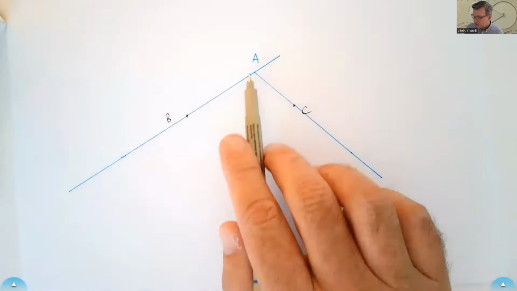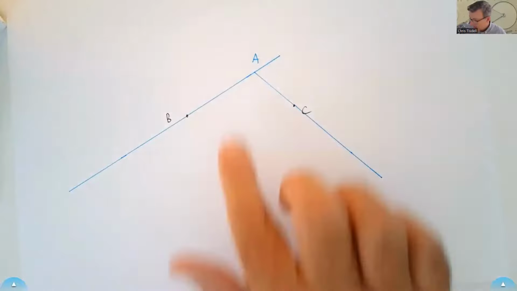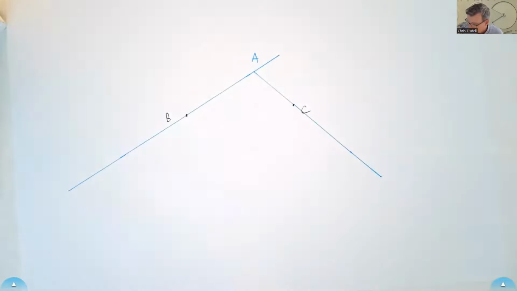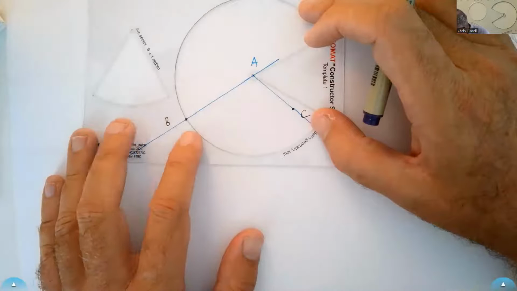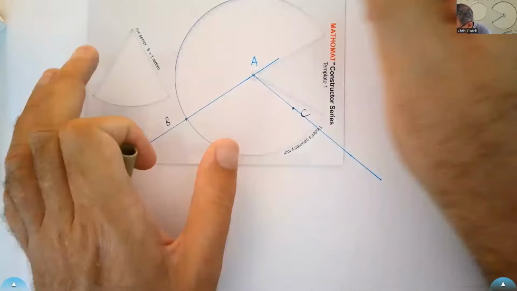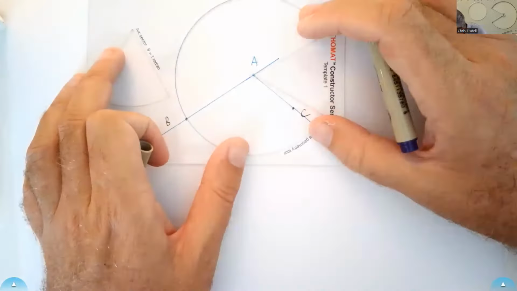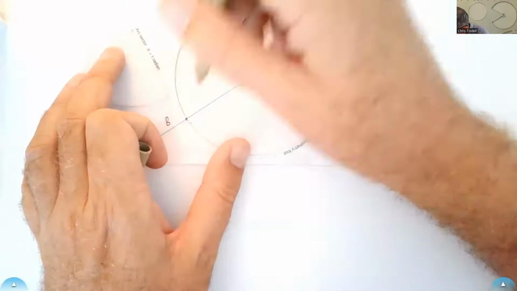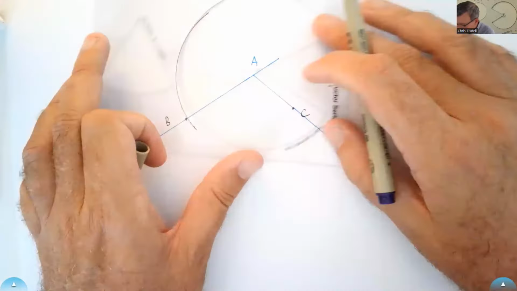The first set of moves is to bisect AB. How do we do that? Well, we're going to put our center on A, and it is actually lining up with B here, but that's not a big problem, and draw an arc.